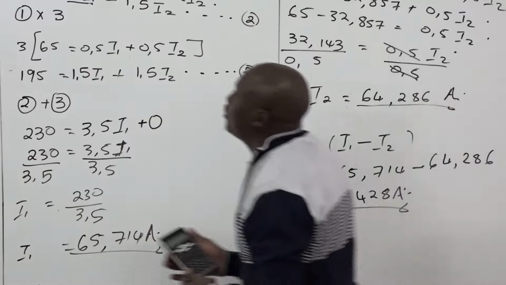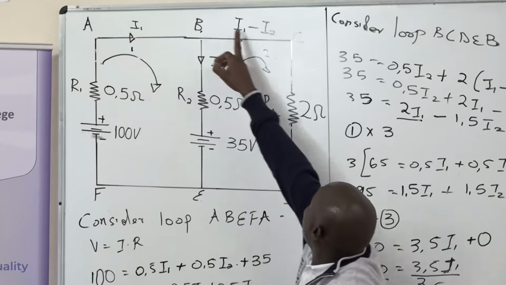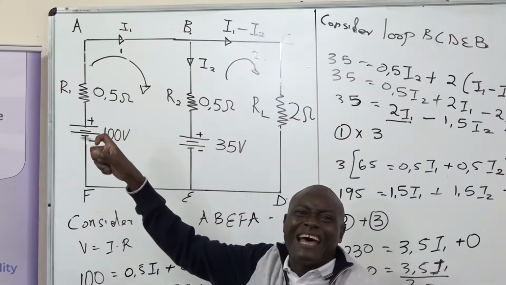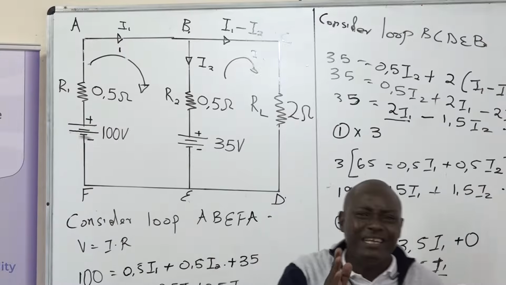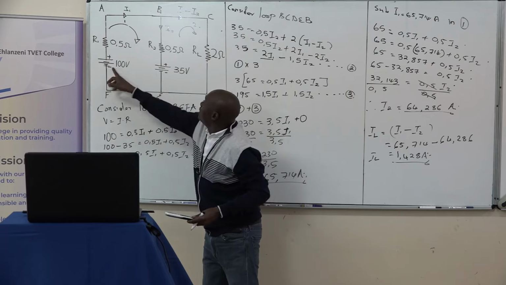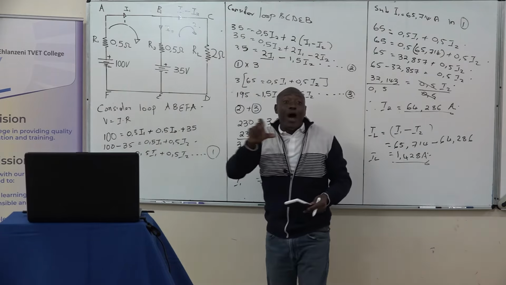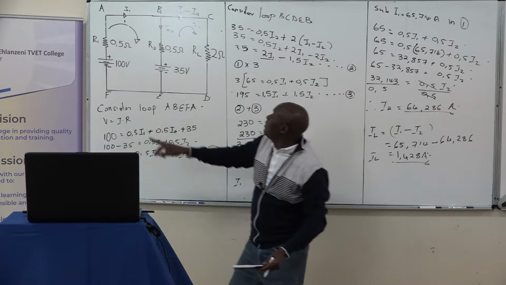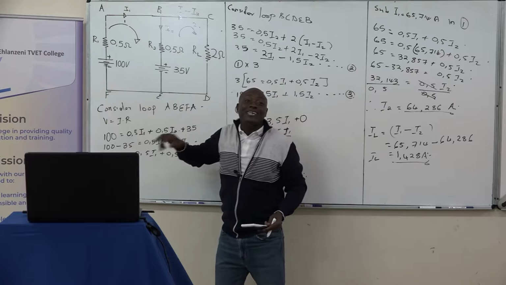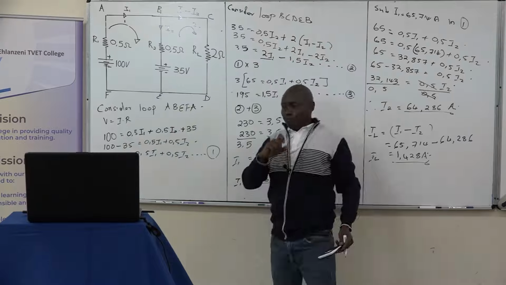So we get the value of I1 minus I2 as less than those two values. The reason is that these two batteries, battery A and battery B, are supplying the R load.